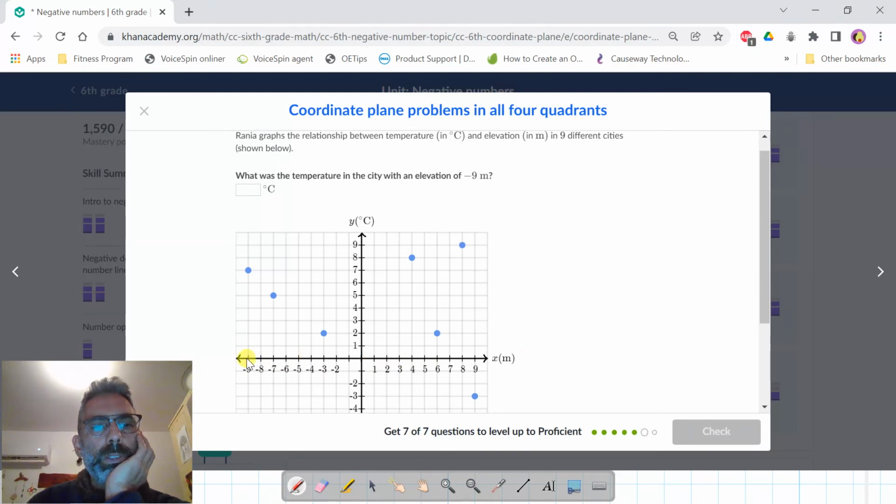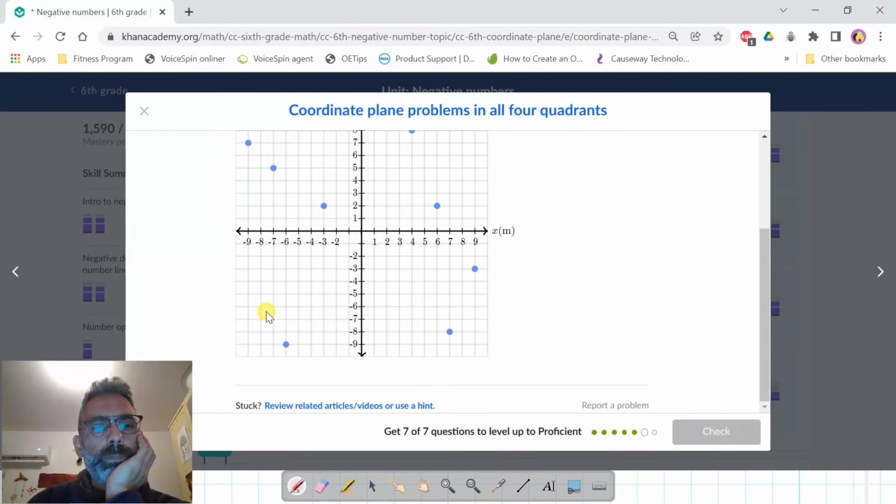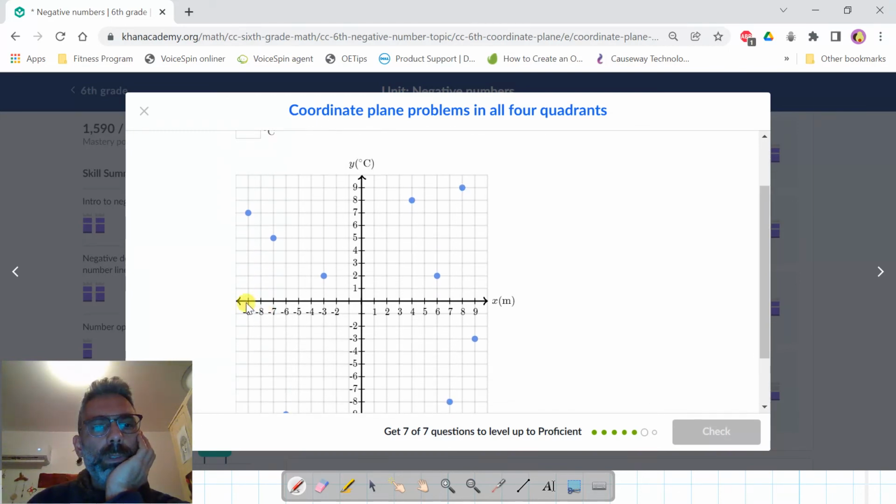So -9 is here, and the temperature here is 7 degrees Celsius. So this is -9 meters, and the temperature is 7.